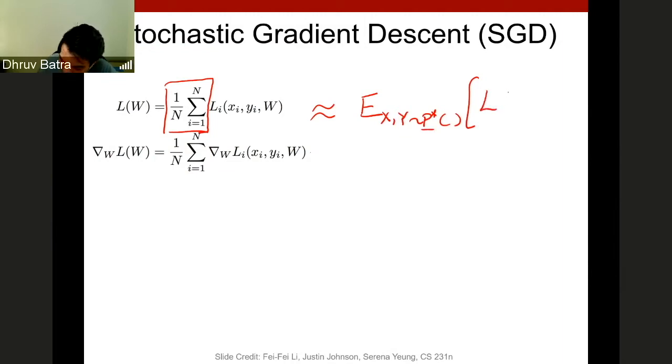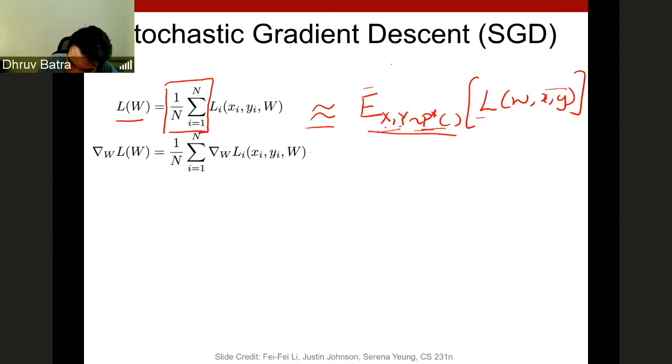And with respect to a new sample x and y that I've sampled, this is what I actually care about: when I sample a new training data point, what is the loss that I'm going to pay? And what is the expected value of that loss under the data generating distribution? And what I can say is that L is itself an approximation of that. It's a finite sample approximation of what you actually care about.